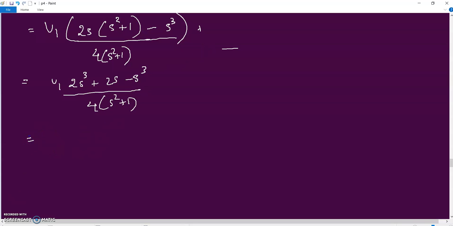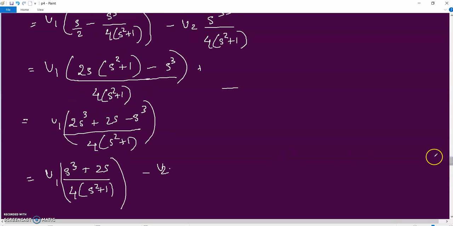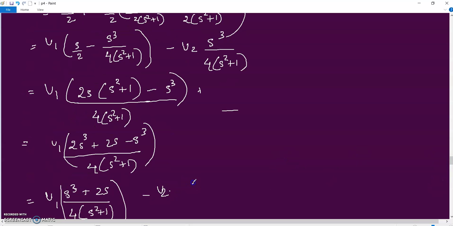This is equal to V1 into (S cube plus 2S) by 4 into (S square plus 1) minus V2 into S cube divided by 4 into (S square plus 1). So we have got here equation number 4.